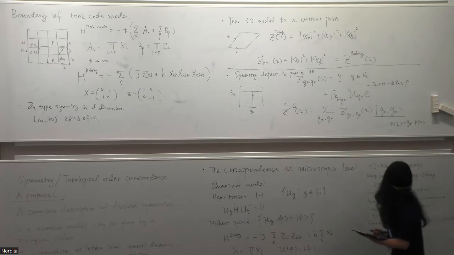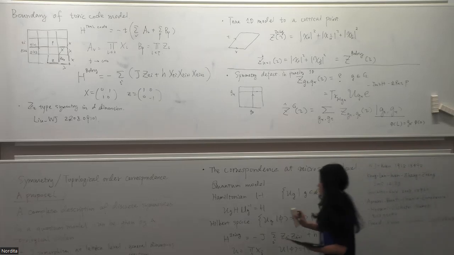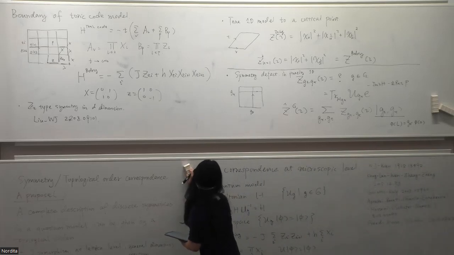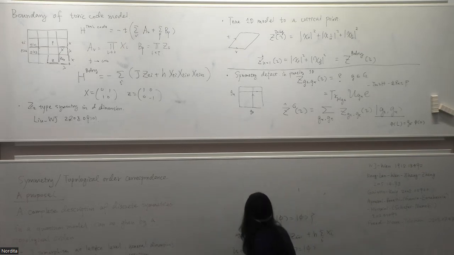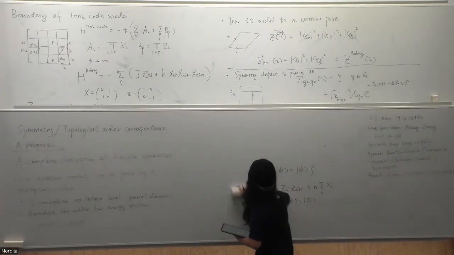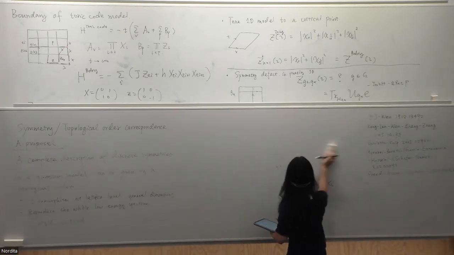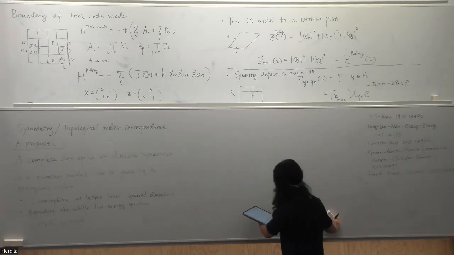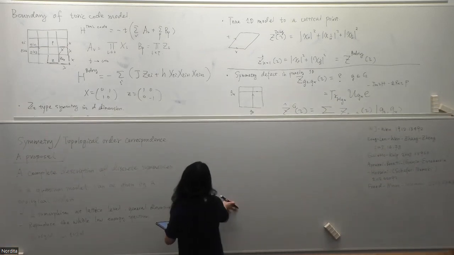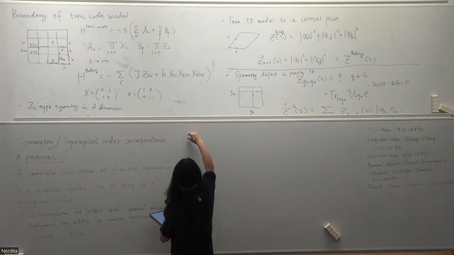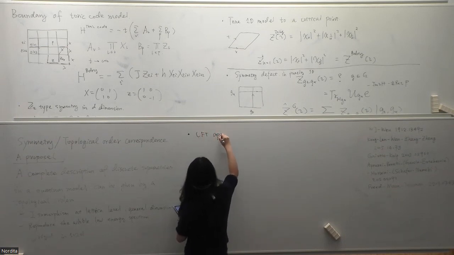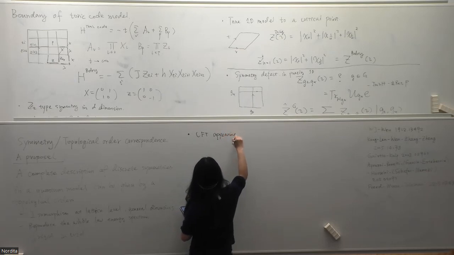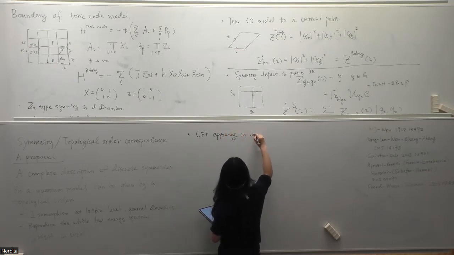So then let's talk about the other side of the correspondence. That's a purely 1D system, so let's set that aside and consider a CFT appearing on the boundary of a topological order.